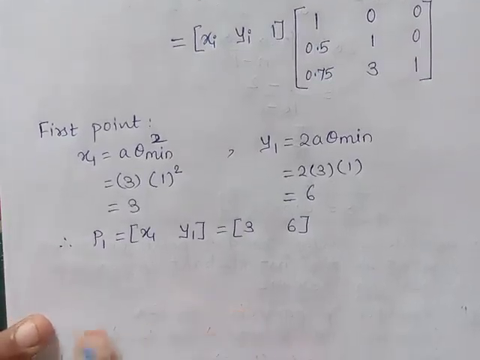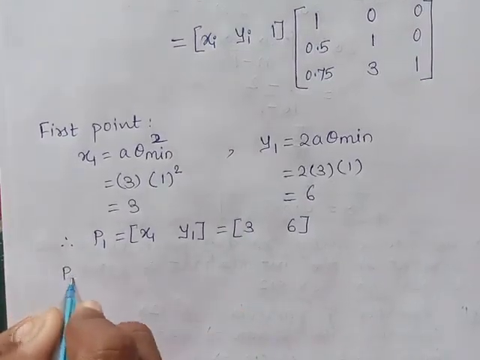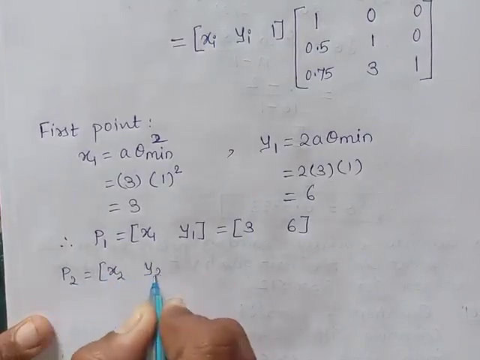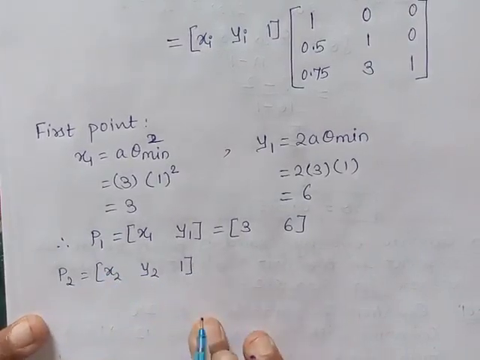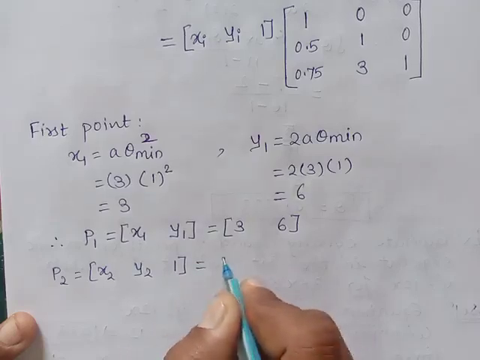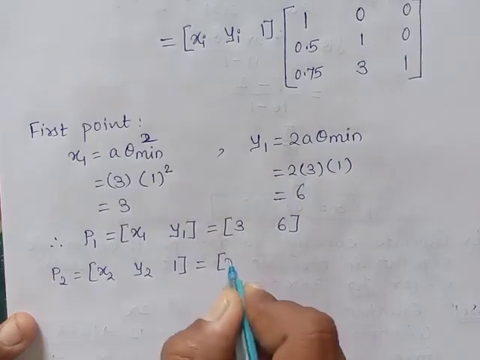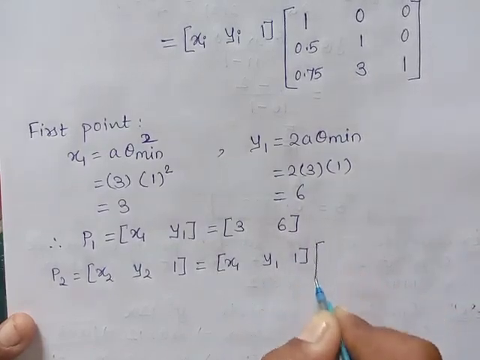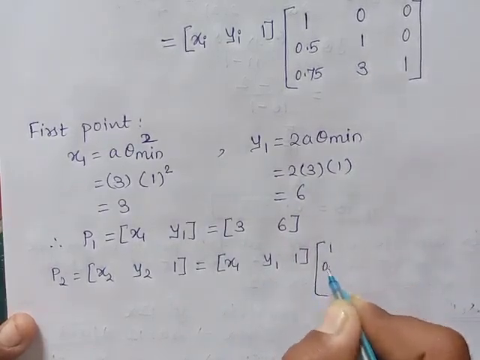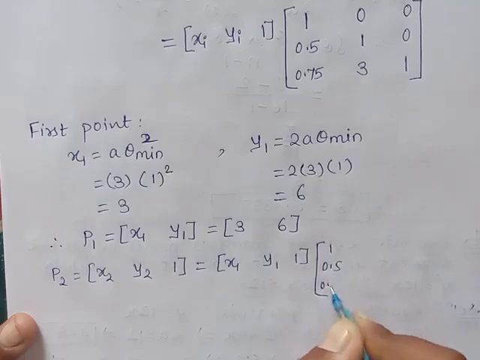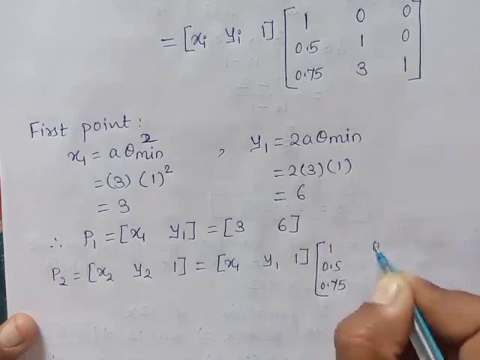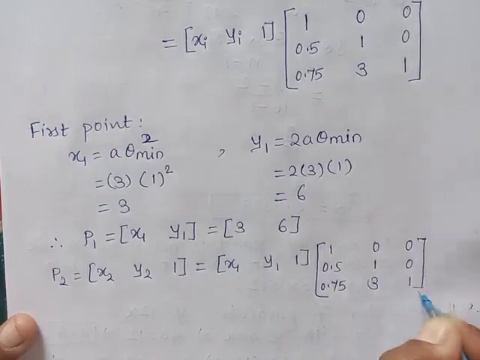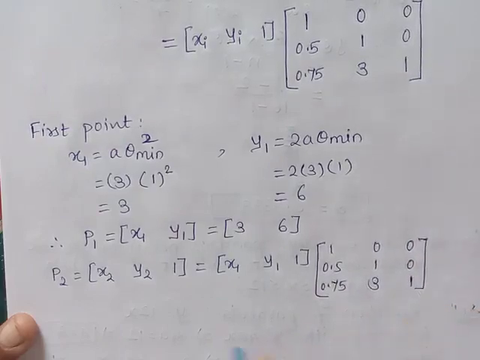Okay. Now P2 is what? Suppose x2 y2 and homogeneous coordinate, let me take 1 here. So using recurrence formula we get it is [x1 y1 1] into that matrix [1, 0.5, 0.75; 0, 1, 3; 0, 0, 1], right?